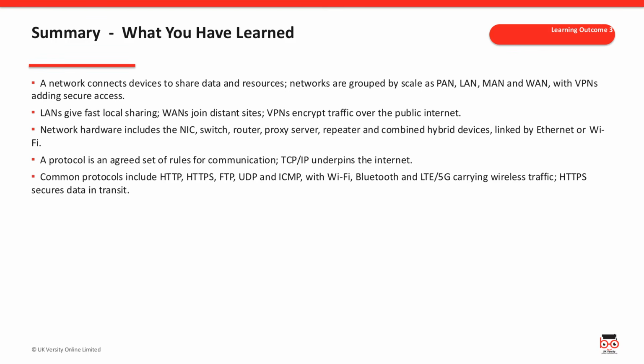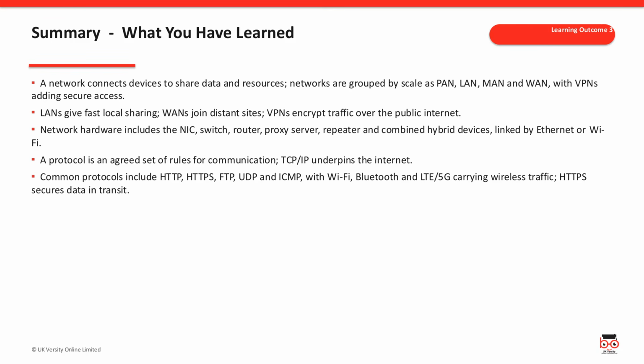Let us gather up Learning Outcome 3. A network connects devices to share data and resources, and we group networks by scale as personal, local, metropolitan, and wide area, with VPNs adding secure access. LANs give fast local sharing, WANs join distant sites, and VPNs encrypt traffic across the public internet.